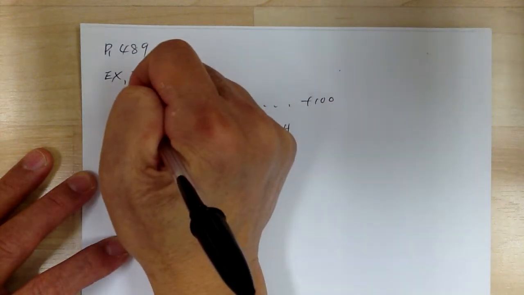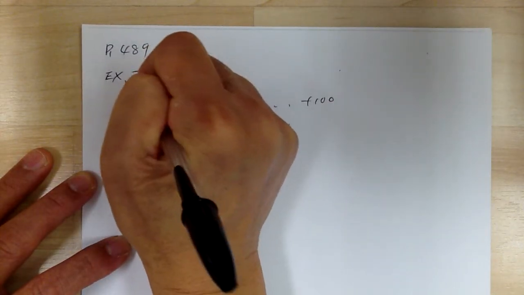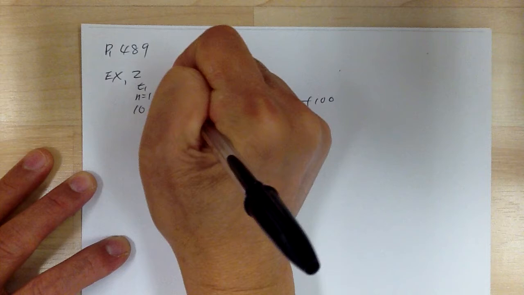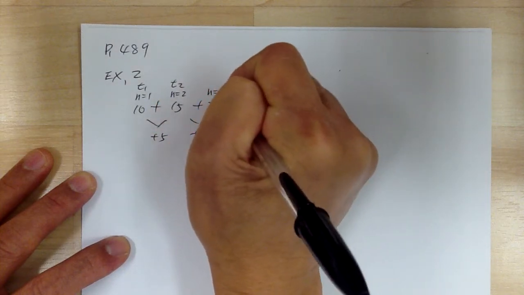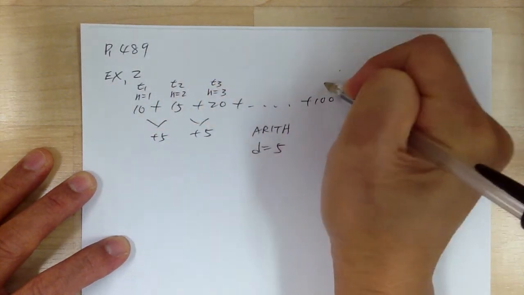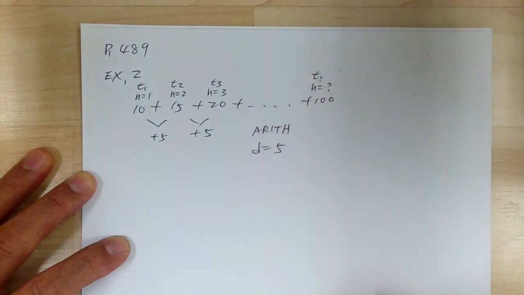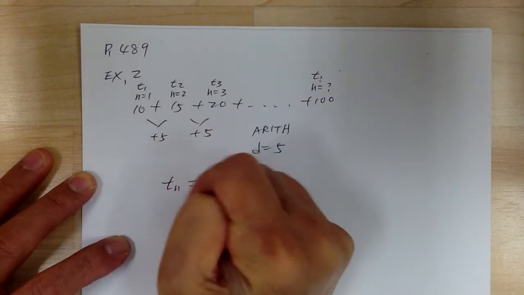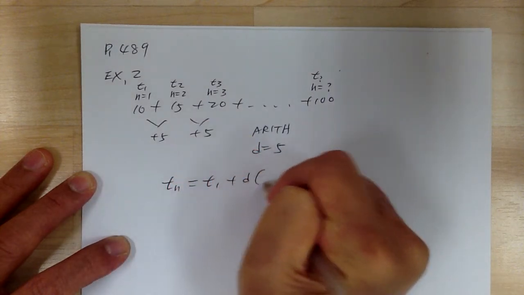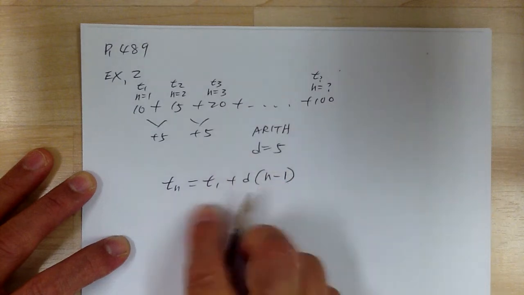Let's use a formula first. This is n equal to 1, so that's your T1. This is n equal to 2, so that's T2. This is n equal to 3, so that's T3. This one you don't know n equal to what. So again, that's only one formula: T of n equal to T1 plus d times n minus 1. Remember that?